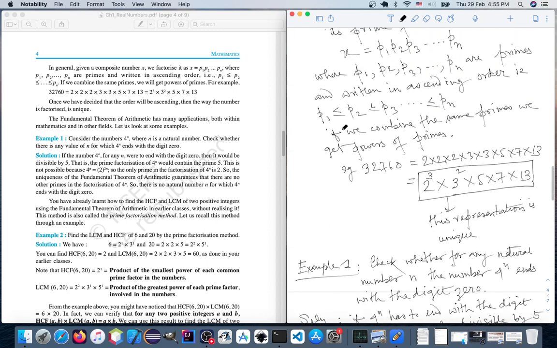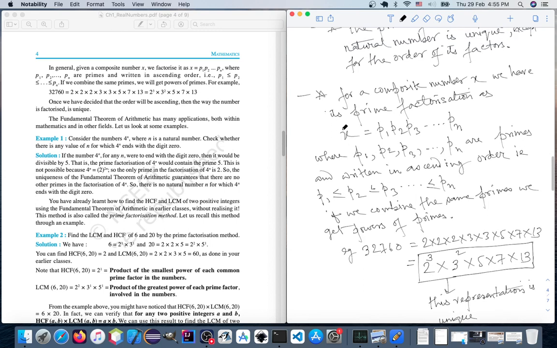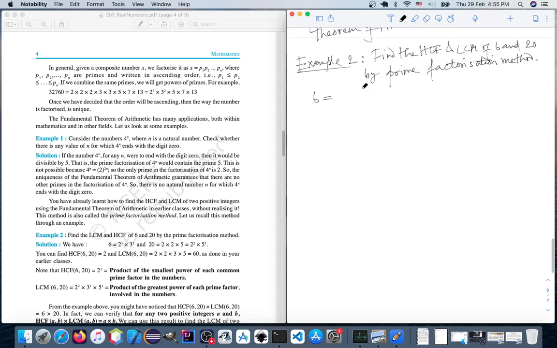If we would like to factorize any composite number x, we write the prime factors in ascending order. See, if you do that for 6, we know that 6 equals 2 into 3. For 2 we know that by default the power is 1.